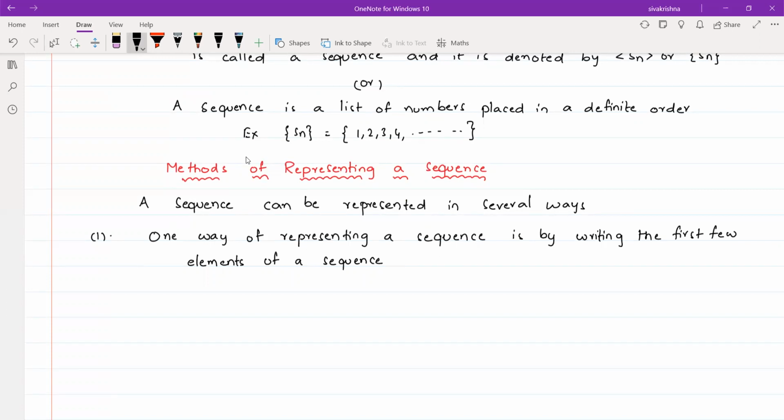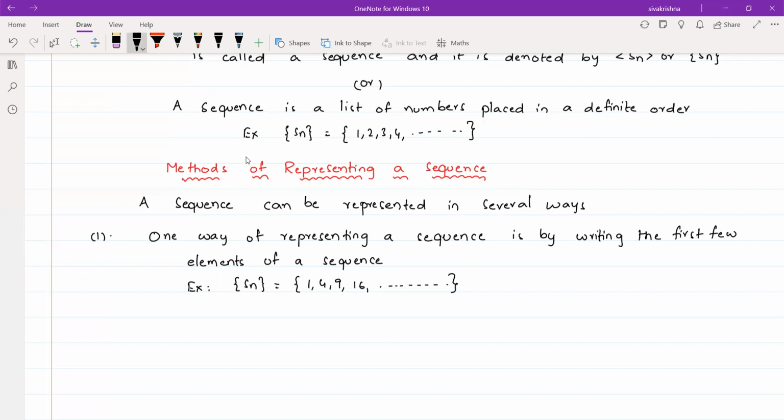It means, for example, I am writing sequence Sn as 1, 4, 9, 16, and so on. So in this sequence, I have just written the first few elements. So this is one way of representing a sequence. Okay.